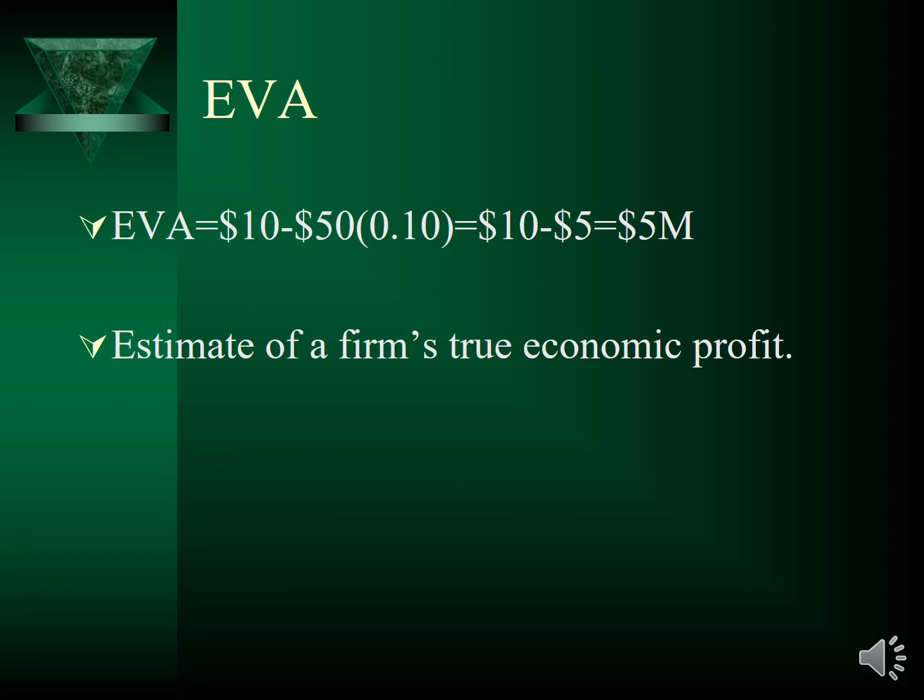So as you can see, it's $10 minus $50 times 10% gives you $5, and we deduct $5 from $10 to give us $5 million. So that is the economic value added of the firm.